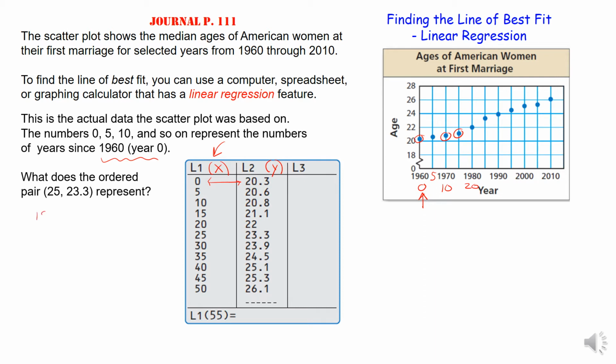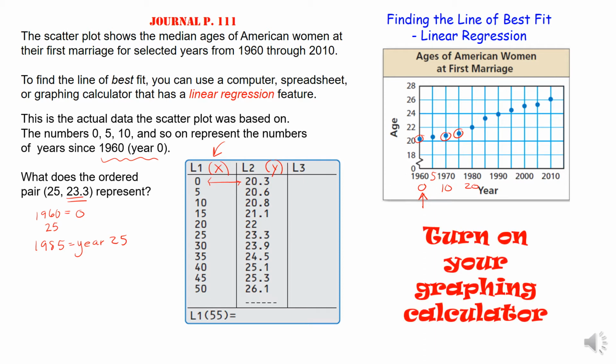If 1960 is year 0, then we just add 25, and 1985 is year 25. And it means that the median age of women at their first marriage in 1985 was 23.3. So that's what you want to do.